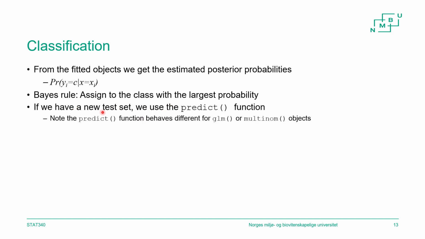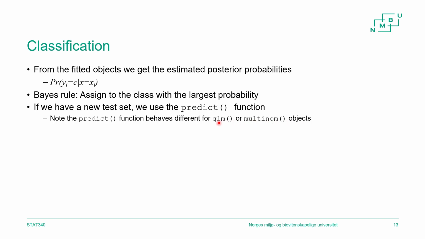If you now have a new test set of data, then you can use the predict function to do this classification. You should notice, and we will see that in our session, that this predict function behaves differently depending on whether you have fitted a GLM function for the ordinary logistic, or the alternative function called multinom when we have multiclass. So the predict function behaves slightly differently depending on which type of object you input. I don't know why.